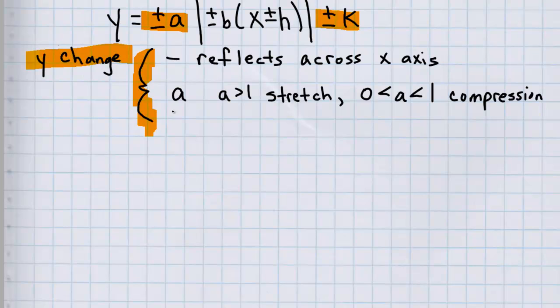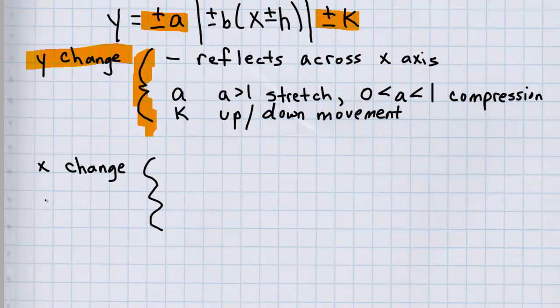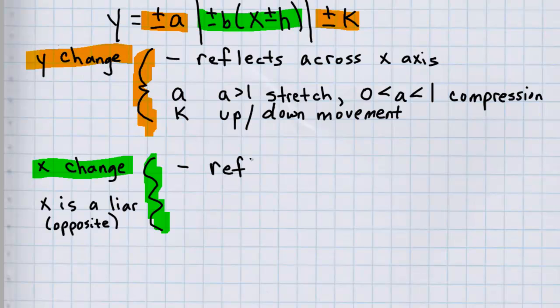Now let's look at k. K is our up-down movement. Next, let's look at our x changes. Remember, x is a liar. It tells us to do the opposite of what we really want to do. The negative inside of x reflects across the y-axis. And remember this exception to the liar rule.